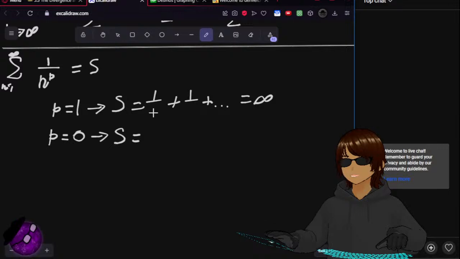I need to put in the value of n. So 1 over 1 to the power of 1, 1 over 2 to the power of 1, 1 over 3 to the power of 1. This will go to infinity because the harmonic series diverges.